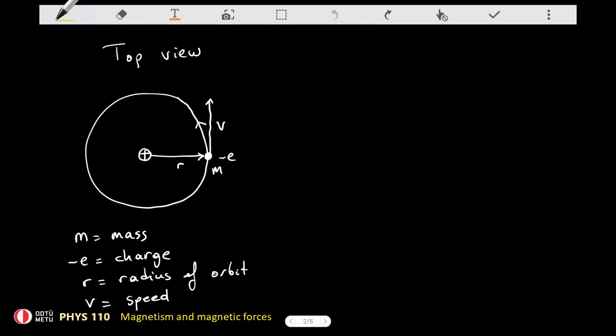So we have an electron which rotates around this nucleus in a circular orbit like that. The radius of the orbit is given. The speed is given. We are not interested in the relationship between the speed and the radius. We just know that the angular momentum expressed in terms of these quantities is the given quantity.